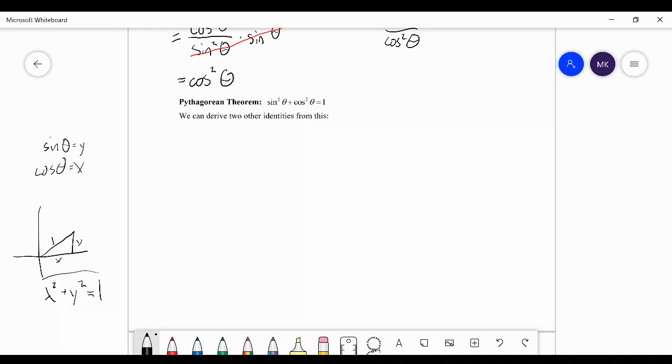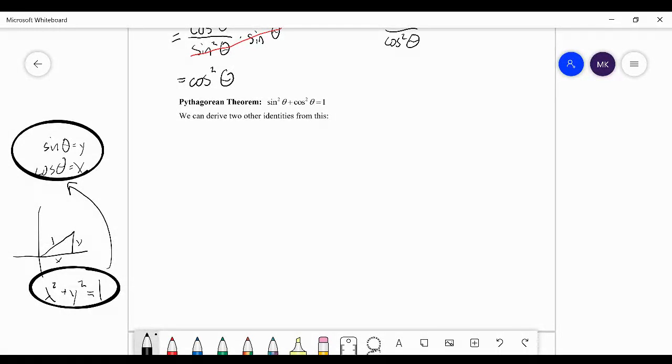So we can use this idea here, coupled with this idea here, to give us this formula. That's sine squared theta plus cosine squared theta equals 1. Okay, that's really cool.